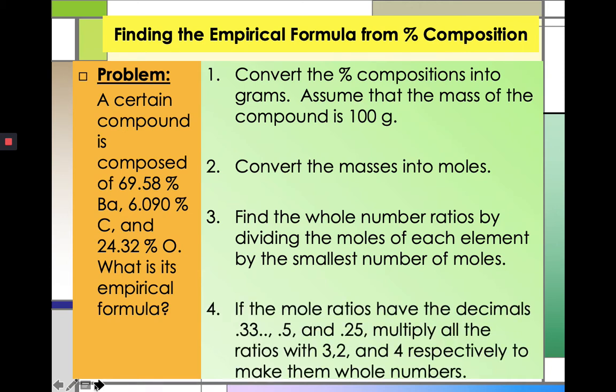And fourth, if necessary, if the mole ratios have decimals like 0.333, 0.5, and 0.25, then we multiply all the ratios by 3, 2, and 4 respectively, so that we end up with whole numbers and not decimals. So we will deal first with this problem.